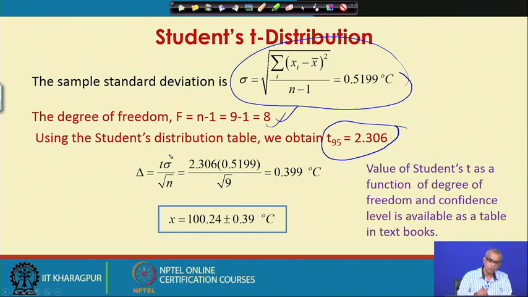Now, let us make use of this formula to compute the level of uncertainty, which is t times standard deviation divided by square root of n.